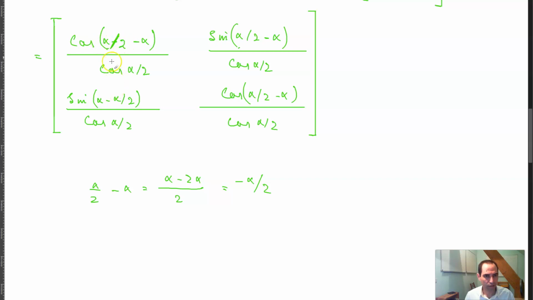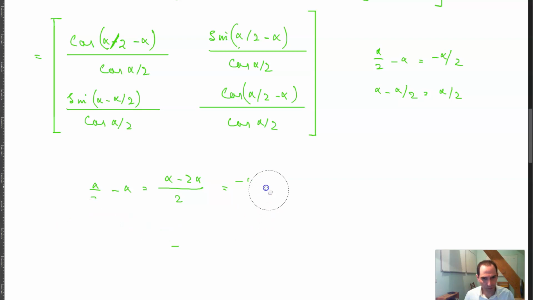And cos of... so alpha by 2 minus alpha is equal to negative alpha by 2, and alpha minus alpha by 2 is equal to 2 alpha minus alpha, which is equal to alpha by 2. So alpha minus alpha by 2 is equal to alpha by 2.